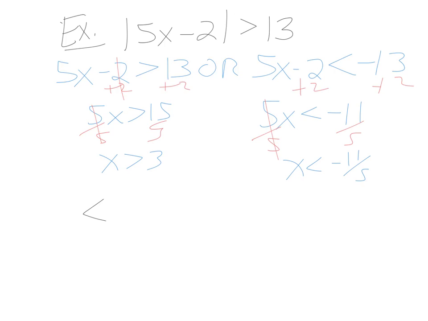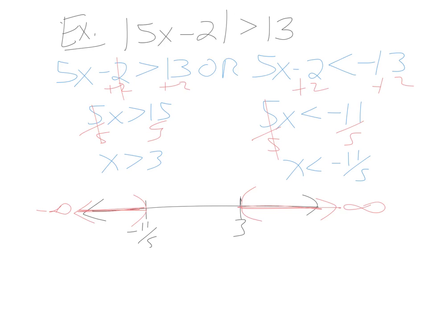Number line. Greater than 3 would go to the right towards positive infinity, and we have parentheses this time because we don't have the equal to. Less than negative 11 fifths would go to the left towards negative infinity, and again a parentheses.